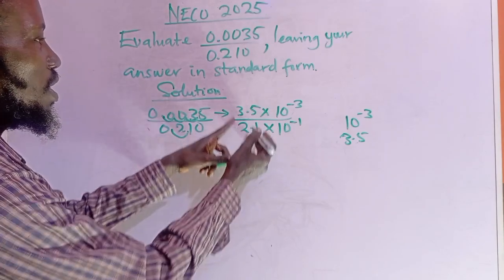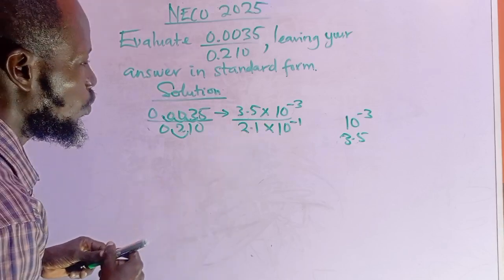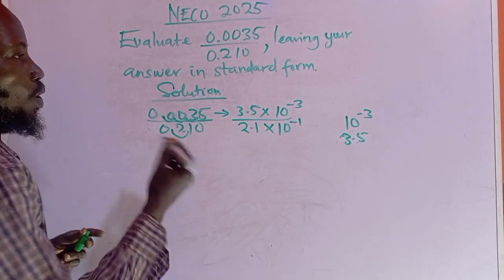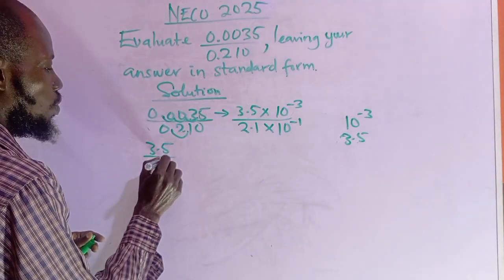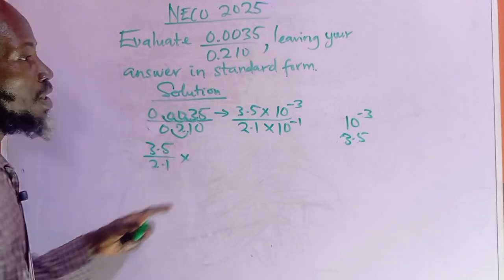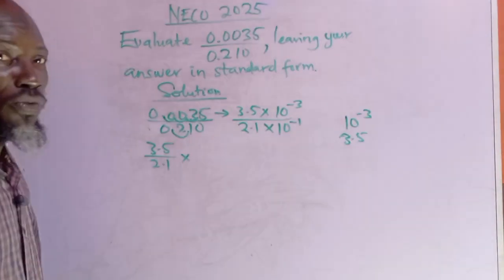For the part where we have the A, we are going to divide that: 3.5 over 2.1 times. Since the powers of 10 have the same base, we apply the law of indices here.